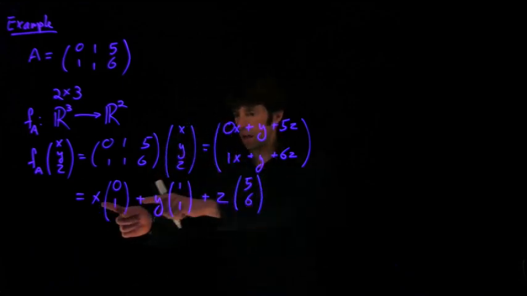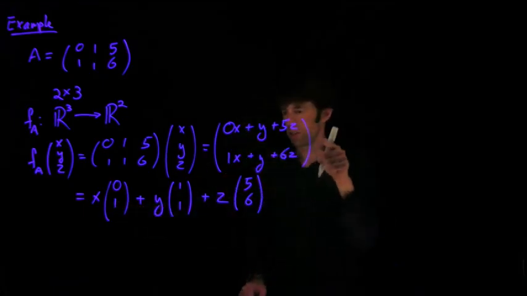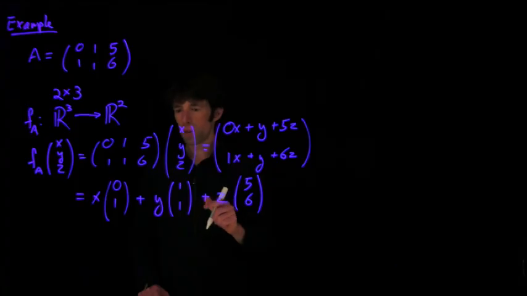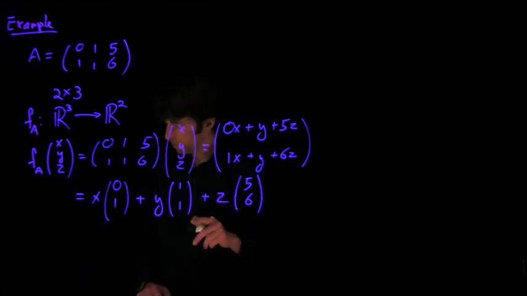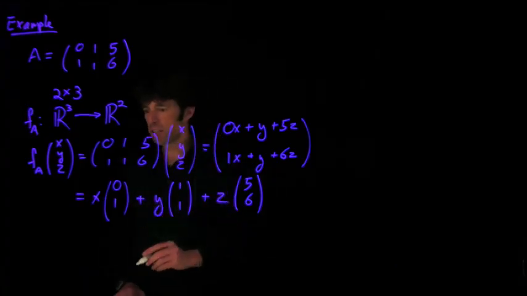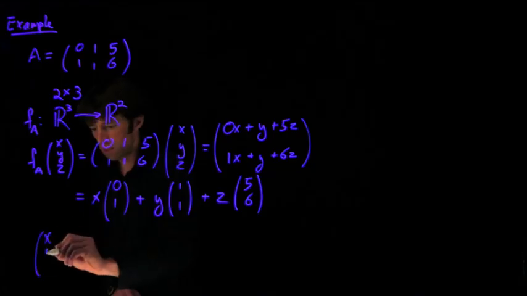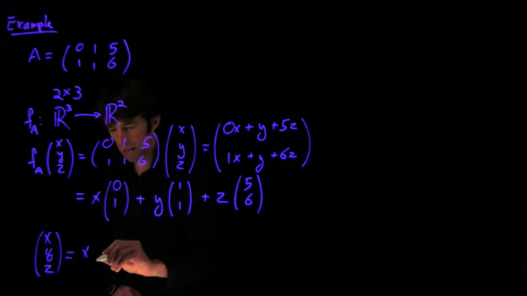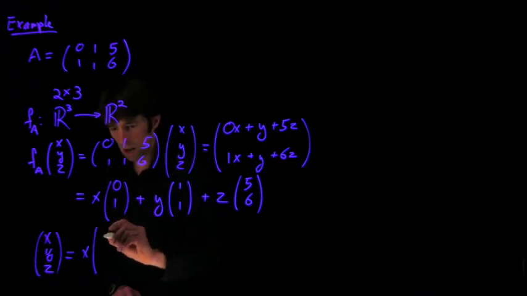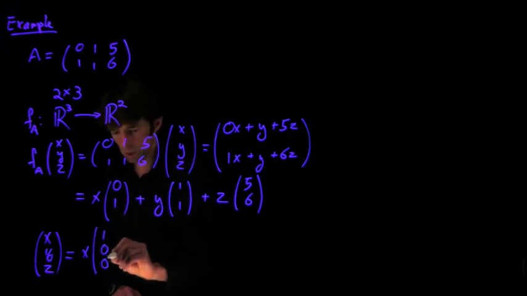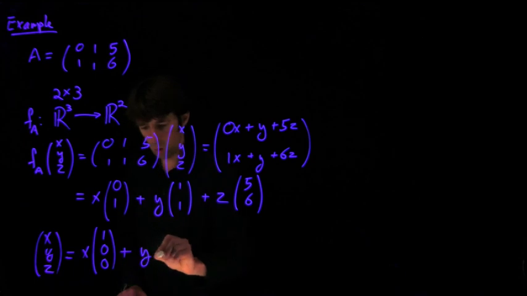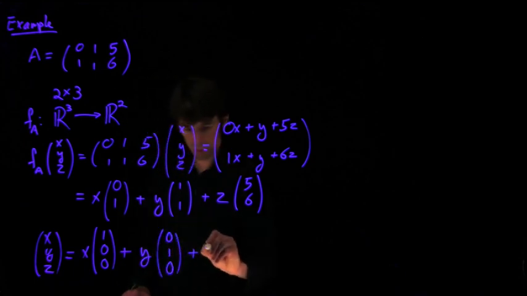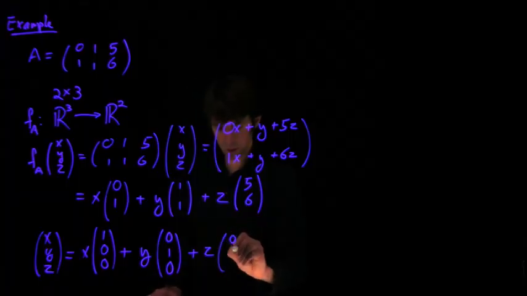And if you check, you add these 3 up, you get exactly this matrix here. Now, we can do one more thing. We can use the fact that this is a linear transformation, and note that (x, y, z) is equal to x times the vector (1, 0, 0), plus y times the vector (0, 1, 0), plus z times the vector (0, 0, 1).